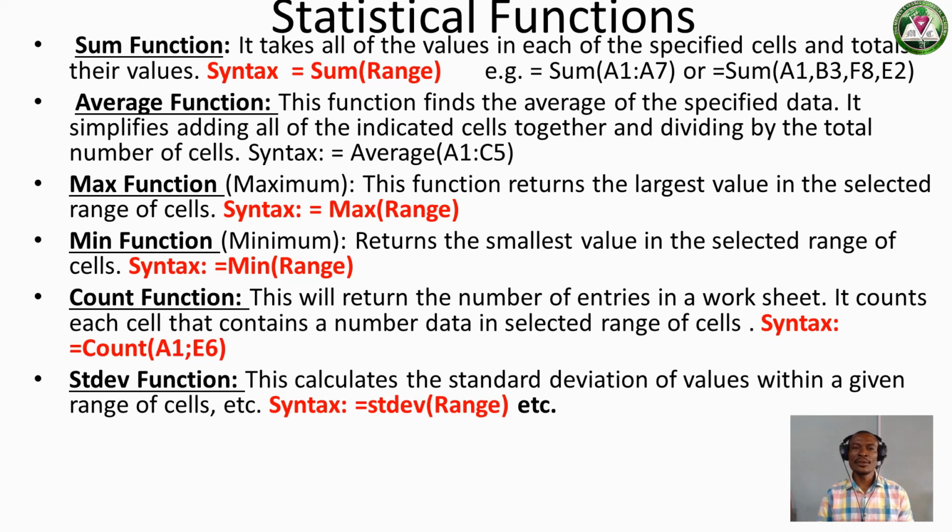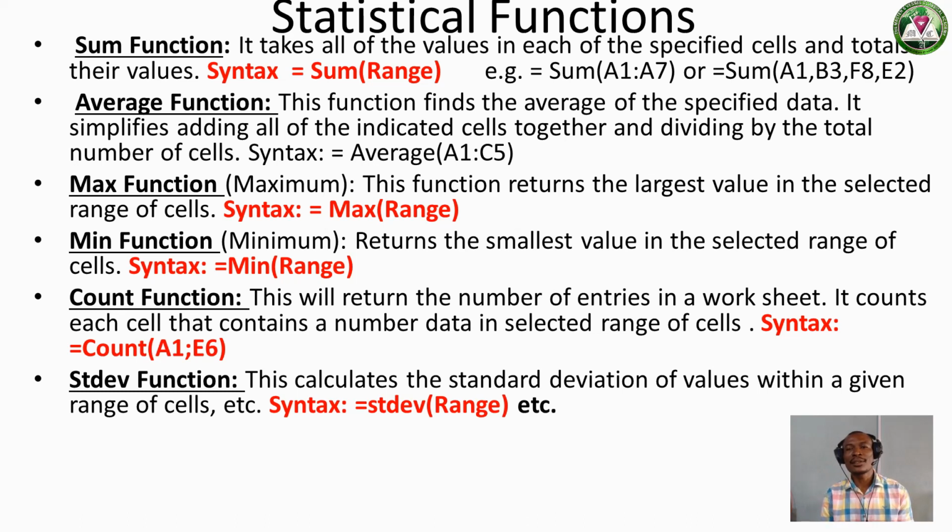Now let me tell you that every Excel formula starts with the equality sign. You must put equal to, then you type the formula before you put the range or the number. So for example here, we have equal to sum bracket A1 colon A7.